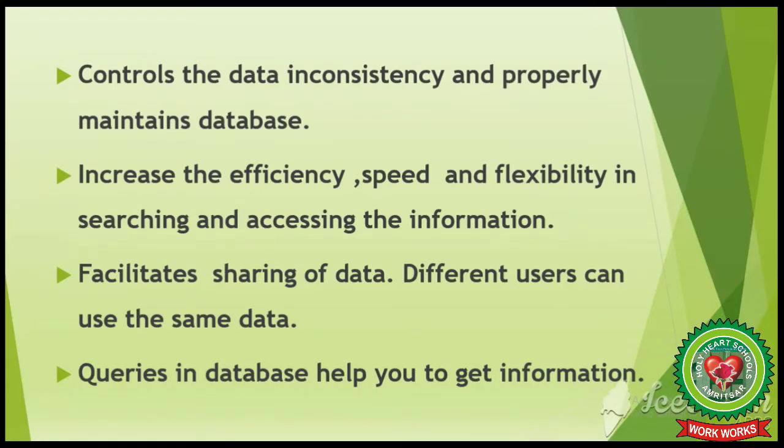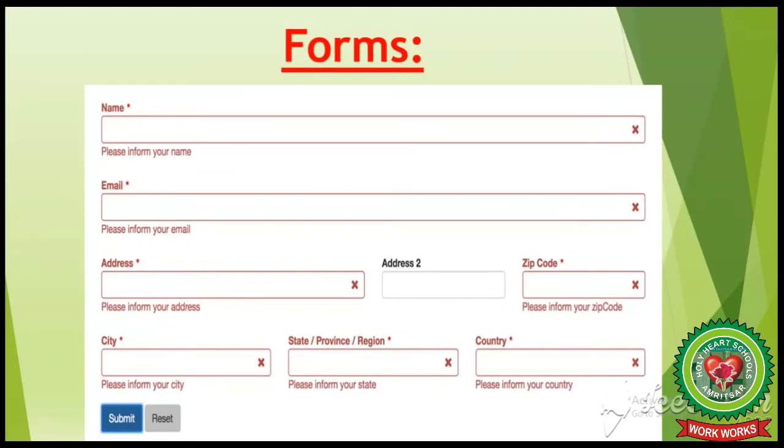Next is queries. Queries in database help you get information. You can get information on a specific topic from the information stored in the database. Next is providing the facility to create data forms so that the user can enter the required information in the respective fields.